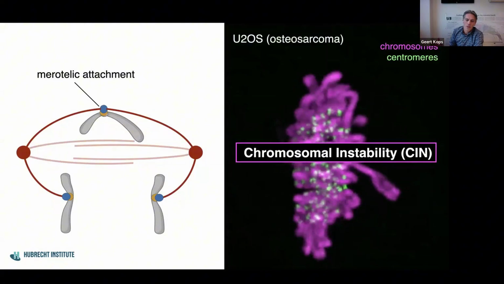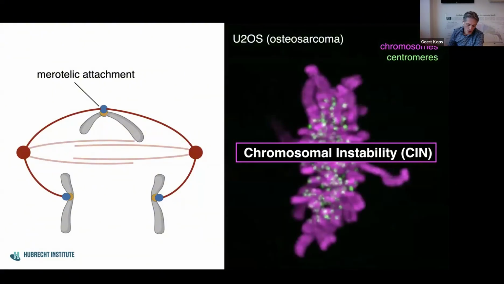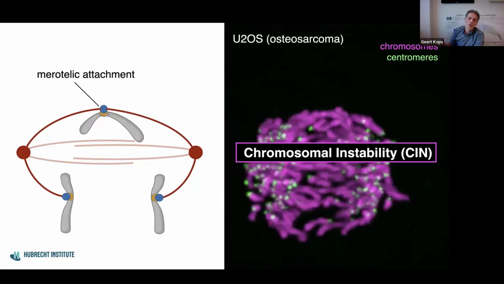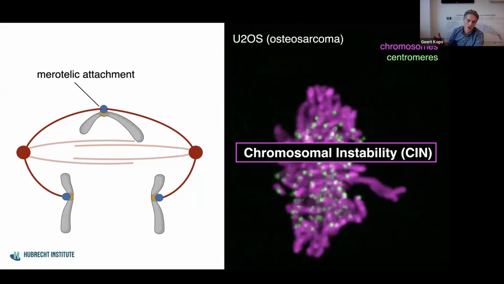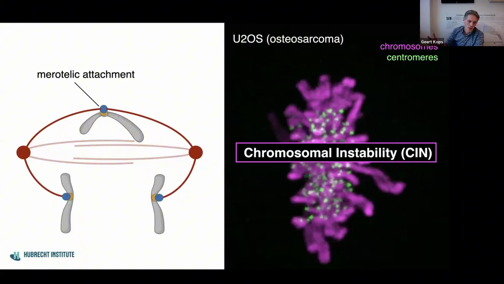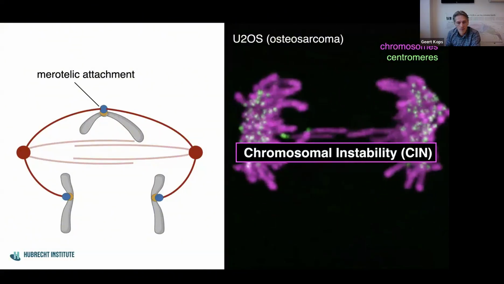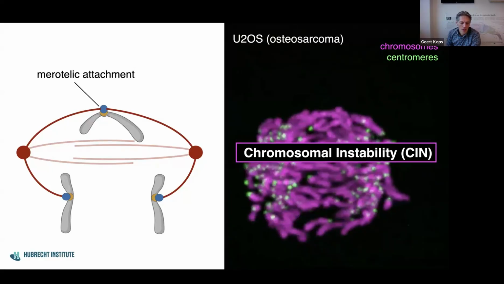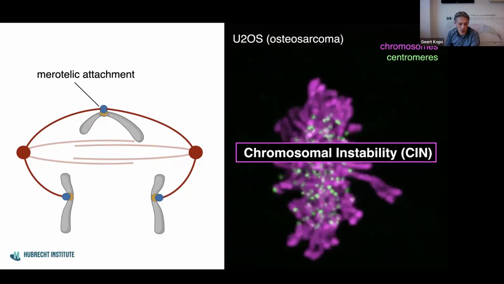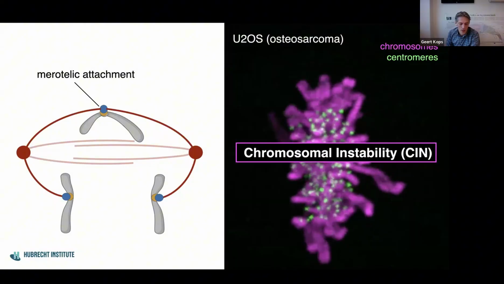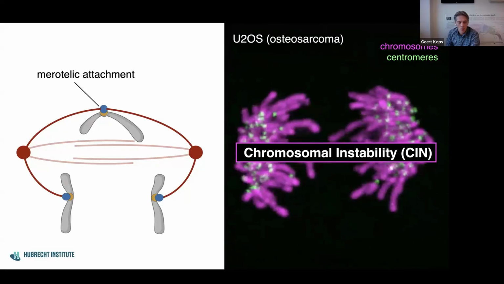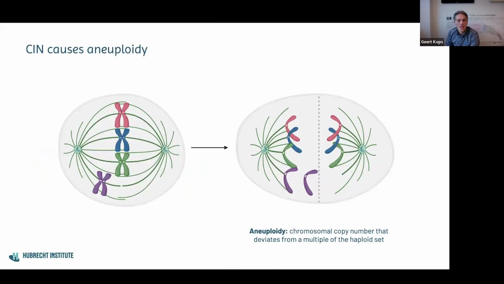In the field, there are many definitions of chromosome instability. There can be genomic definitions, but here I refer to chromosome instability mostly as the dynamic process of enhanced missegregation in cells. Chromosome instability is also used a lot in the genomics field to define larger scale chromosomal copy number alterations, and this is indeed the consequence of chromosome instability.